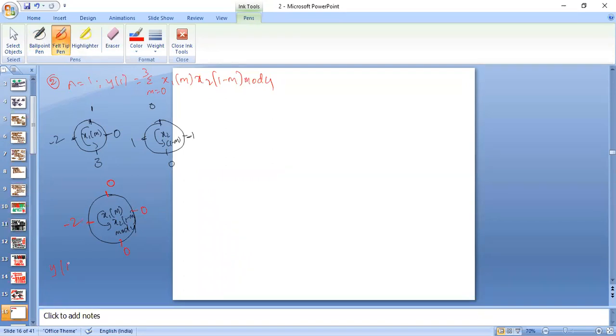So y of 1 is equal to 0 minus 2 plus 0 plus 0, which is equal to minus 2. Next, let us consider n is equal to 2. When n is equal to 2, y of 2 is equal to sigma m is equal to 0 to 3 x1 of m into x2 of 2 minus m mod 4.